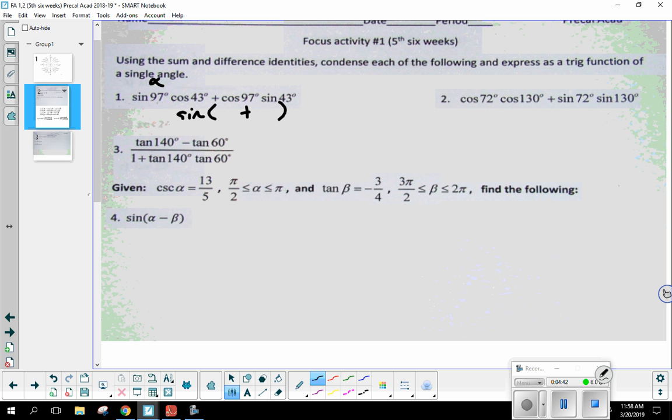So this one has to be alpha, this one has to be beta. And all we have to do is just add them up. 97 plus 43. So what is 97 plus 43? Okay. Would you guys agree? 150?